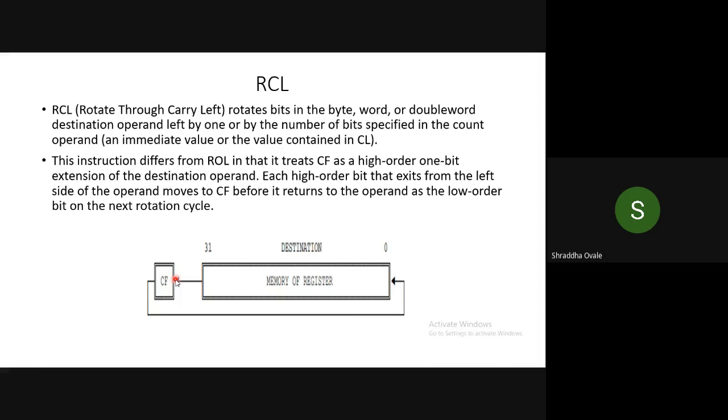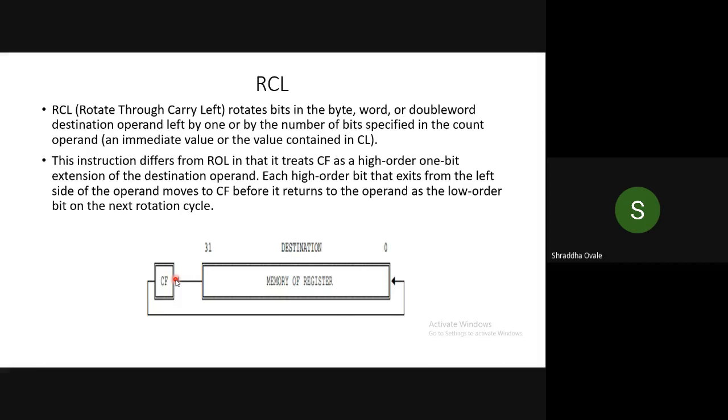That count operand can be an immediate value or the value contained in your CL register. Now the instruction differs. How does RCL differ from ROL? RCL means rotate through carry left, and ROL means rotate left.